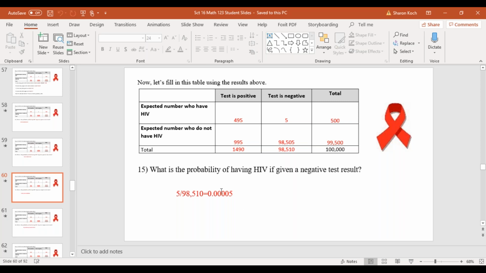But what if it could be optional? If you are somebody maybe in high risk, that would be recommended for someone who would be high risk, because it's such a small percentage of people who would actually slip through the cracks. In other words, they would have a false negative result.